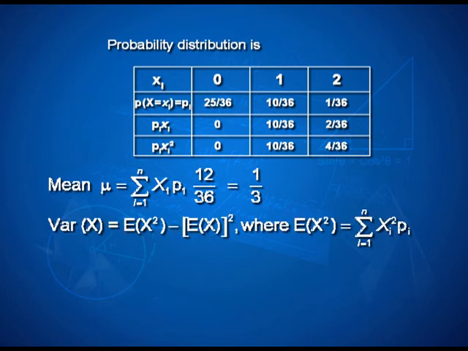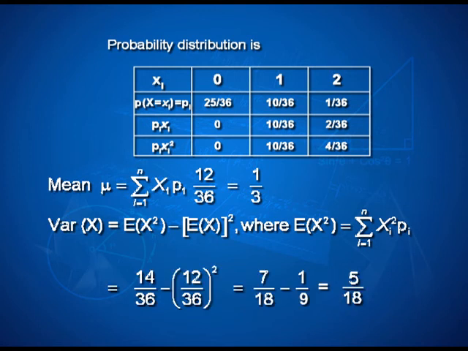The variance of x in this case is the expectation of x square, so you have again the summation of xi square pi, which adds up to 14 by 36, minus the square of the mean, which is (12 by 36) square. Simplify and you get the variance as 5 by 18.